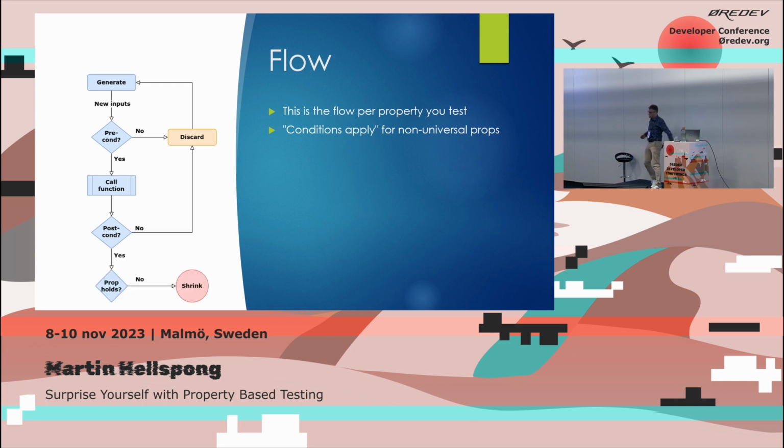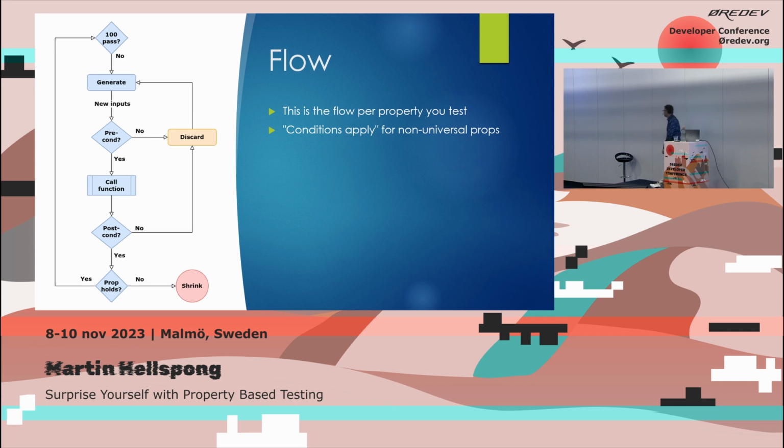It also discards. Then if we pass the postcondition, we check that the property holds. Have we found a counterexample to water being wet, or have we not? If we have found that it doesn't hold, we fail the test, and we try to shrink the result, and I will show that a little bit later.